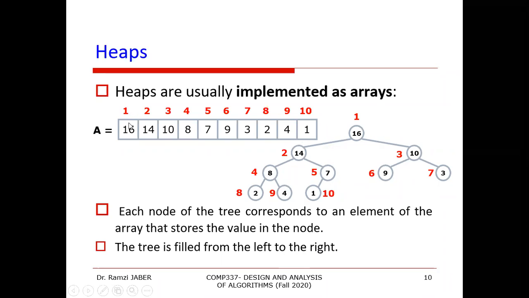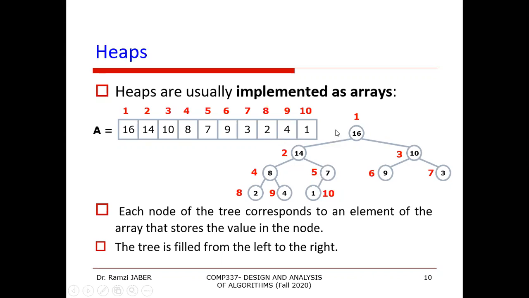The first index will be the parent node, or root node, 16. The second will be the left child, 14. The third, the right child. So 1, 2, 3, 4, 5, 6, 7, 8, 9, 10. Okay?